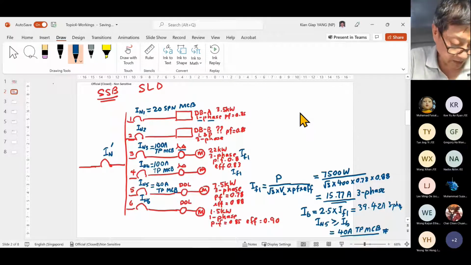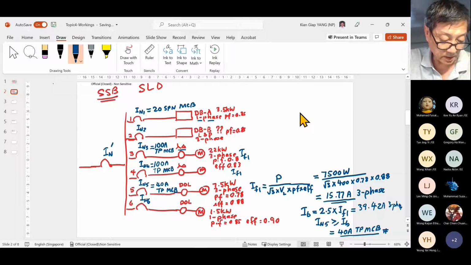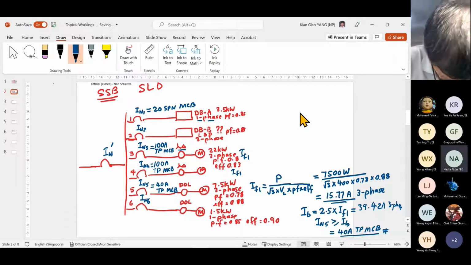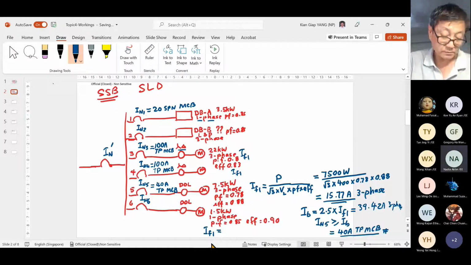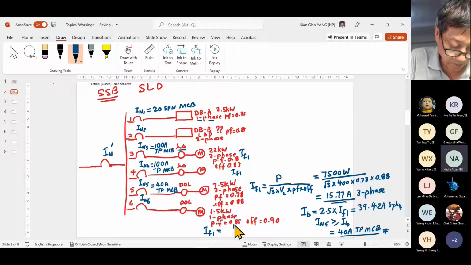Okay, what is the first thing I need to do in order to find IN6? Find IFL. IFL again, okay? So I shall write here IFL. What is the formula? Power over voltage times power factor times efficiency.